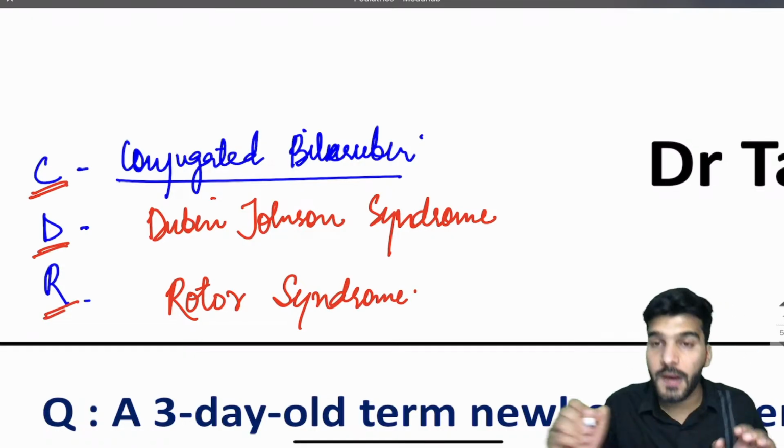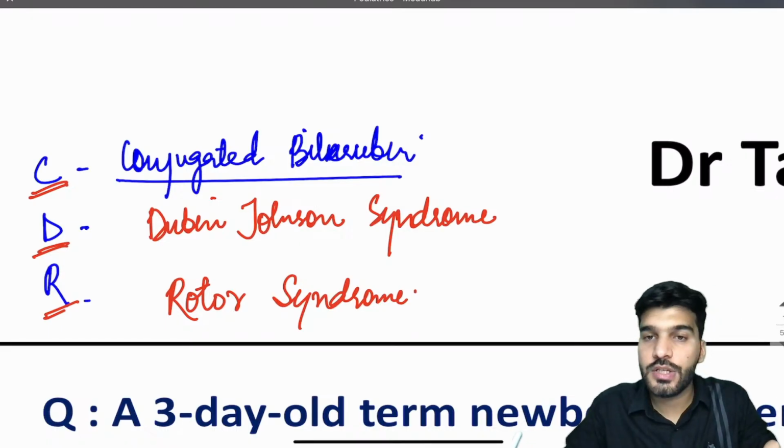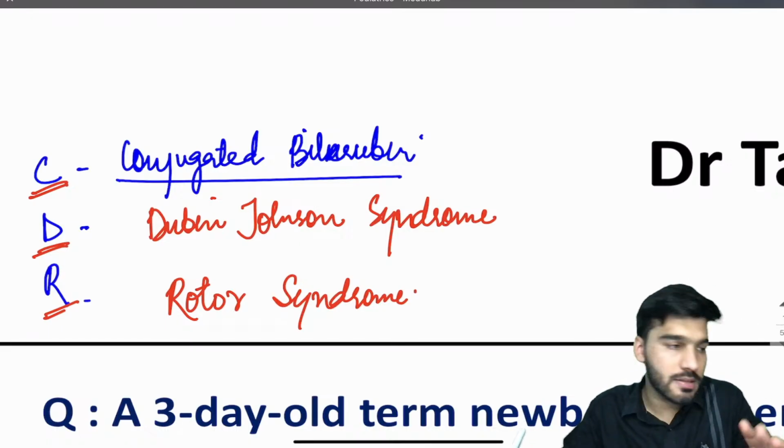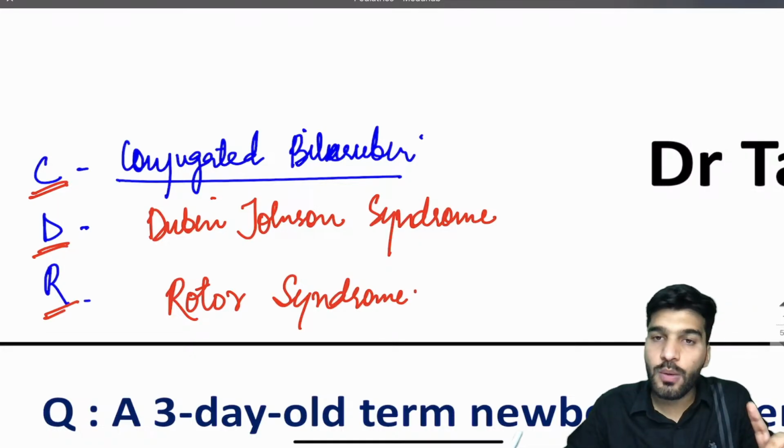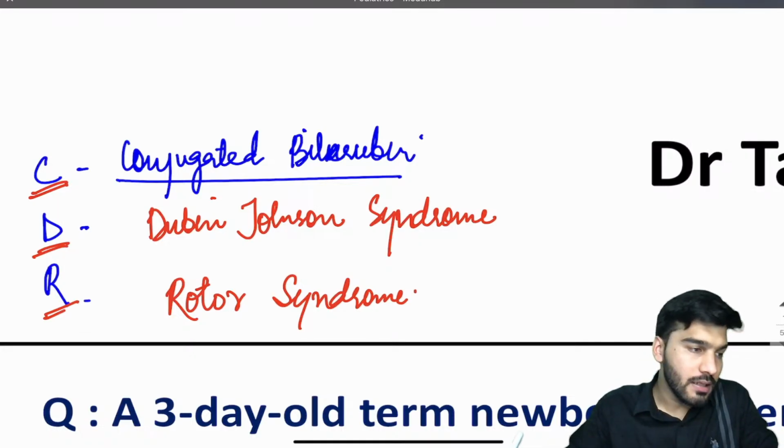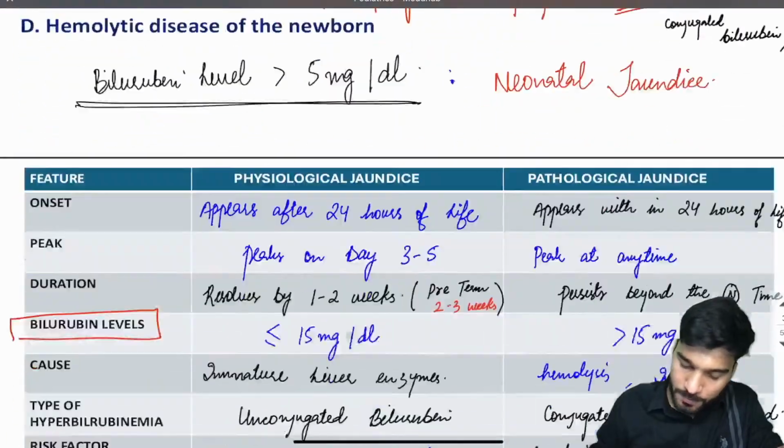Clear? Unconjugated is CJN1, CJN2 and Gilbert syndrome. Clear? Okay, let's move ahead.